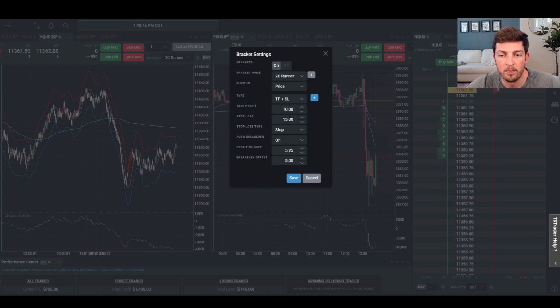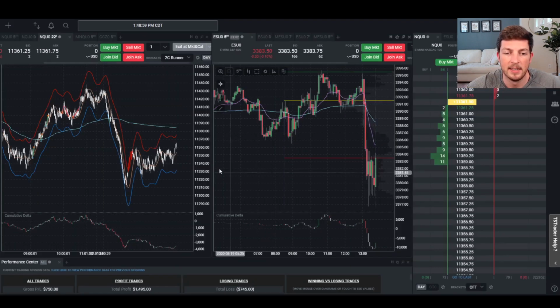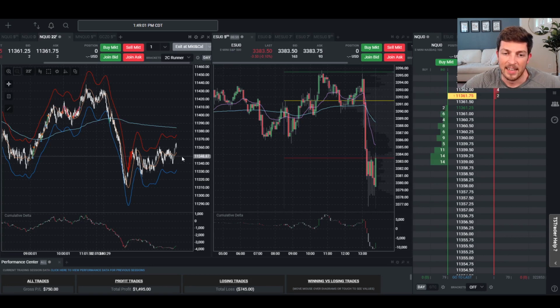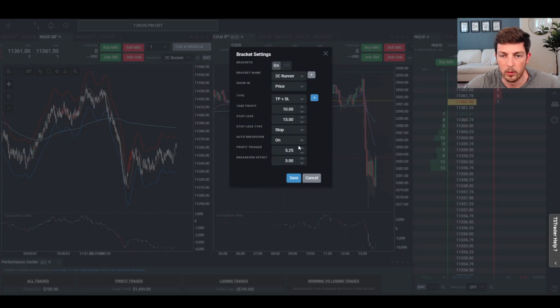These are points. Then I have this special feature called the auto break even, and I have this turned on for my stop loss. What this means is that if I'm going long, so if I buy something, say I buy the Nasdaq at 11,350, right? For this bracket order, I have the profit trigger at 5.25 and my break even offset at 5.